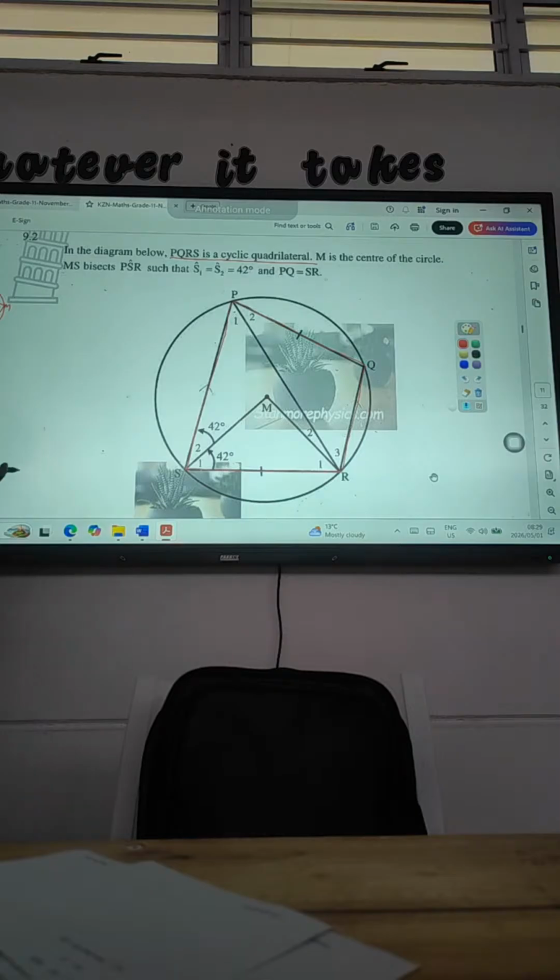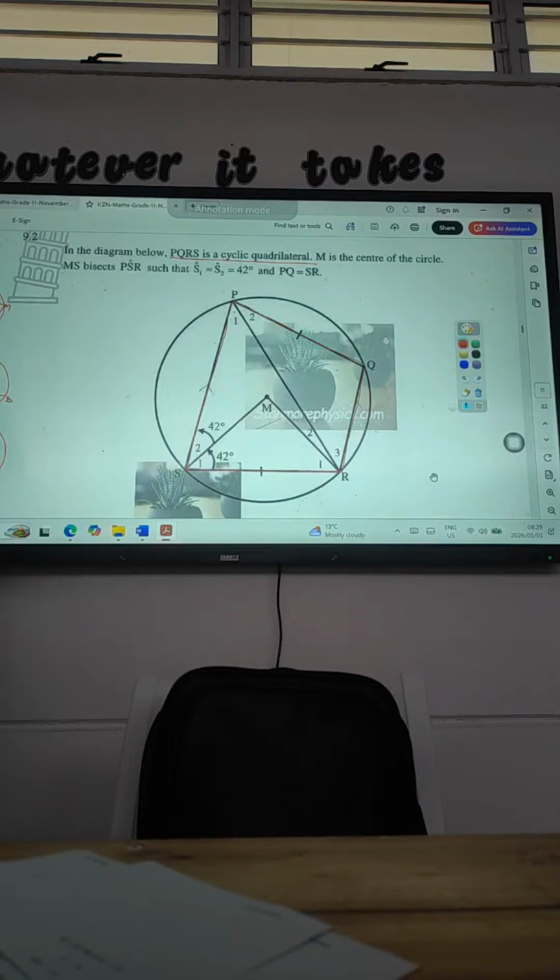What can we use? And then we also remind ourselves of the theorems that have the center. When we have a center, we can use the theorem: angle at center, twice angle at circumference.